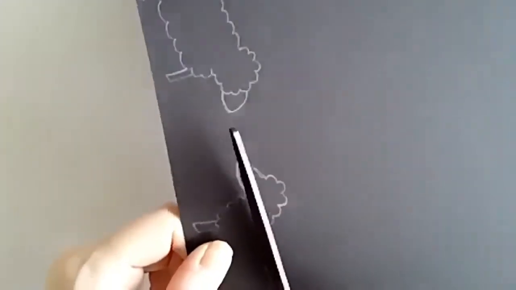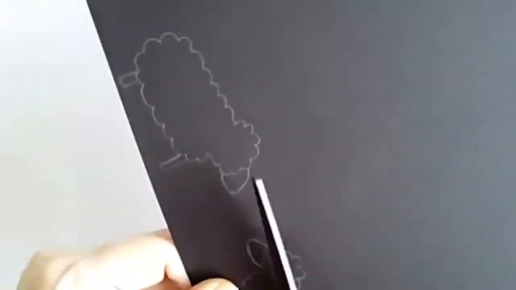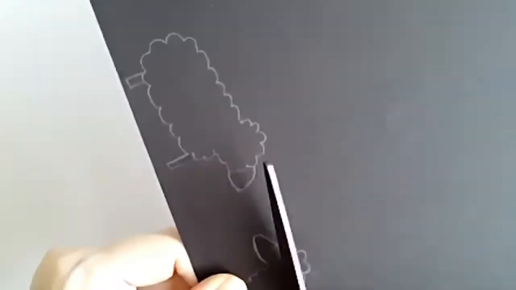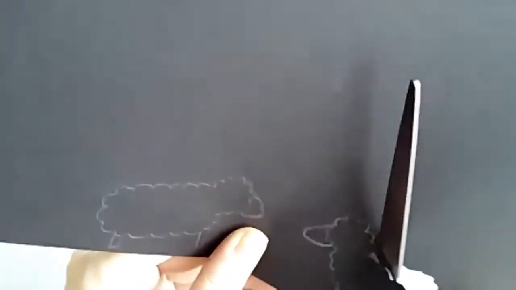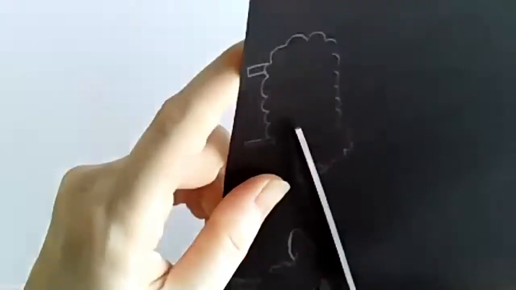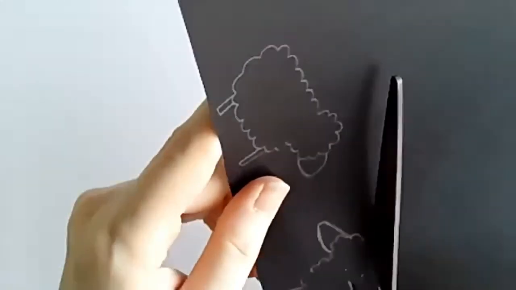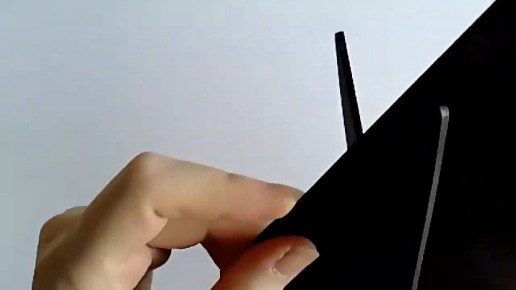So you have to think about how my viewer is going to be able to recognize what this shape is. You might want to think about how you would exaggerate your shape. For me, I'm doing extra fluffy little bumps to make sure that my sheep will be viewed as a sheep.